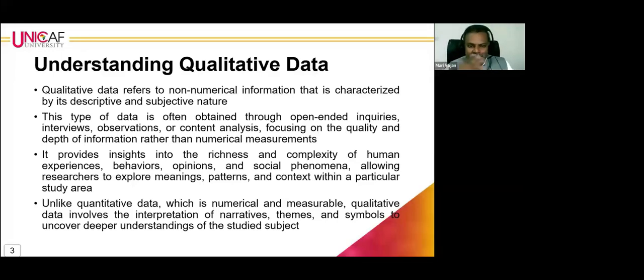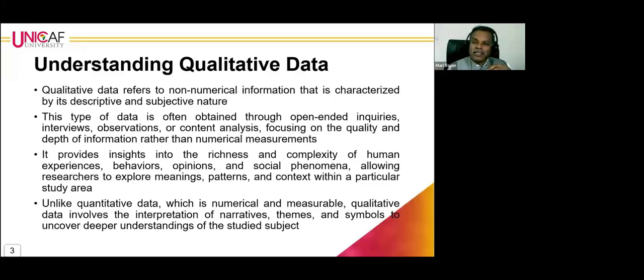But when you are doing quantitative data analysis, it's mostly on numerical and measurable things, whereas qualitative data involves interpretation of narratives, themes, symbols, or sometimes pictures, to uncover deeper understanding about the particular subjects. Whatever stories or narratives the respondents give, you interpret those experiences of individuals into narratives.